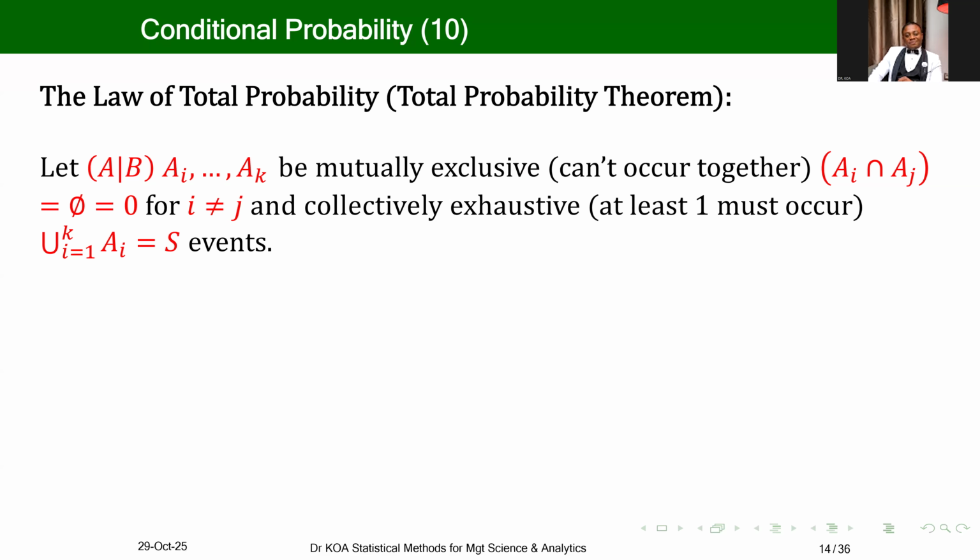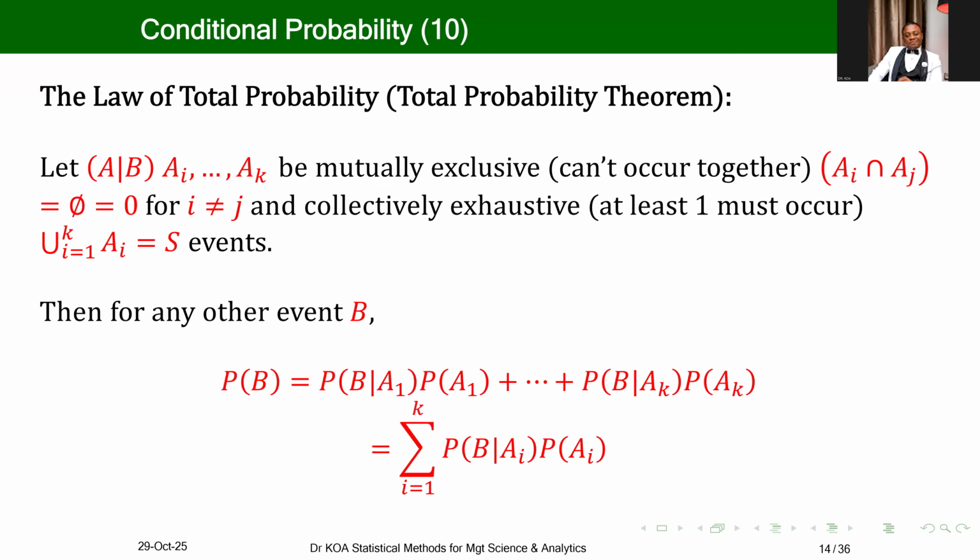If that is the case, we can then say that for any other event B, the probability of that B is going to be the total probability: the conditional probability of B given A1 multiplied by the probability of A1, all the way up to the conditional probability of B given AK, multiplied by the probability of AK.